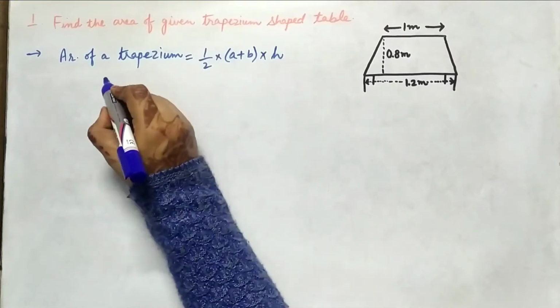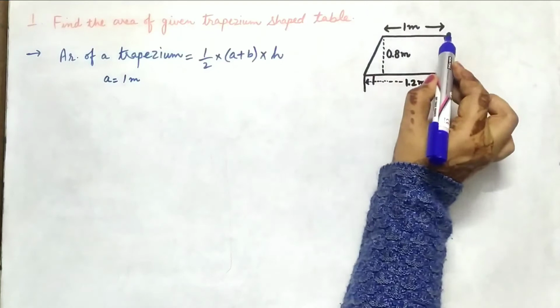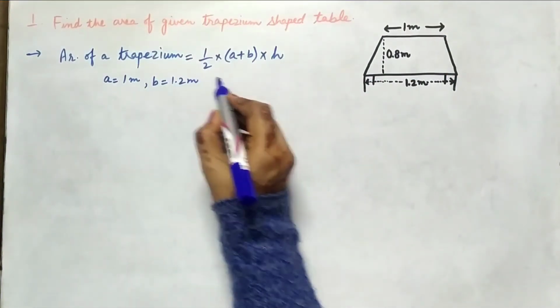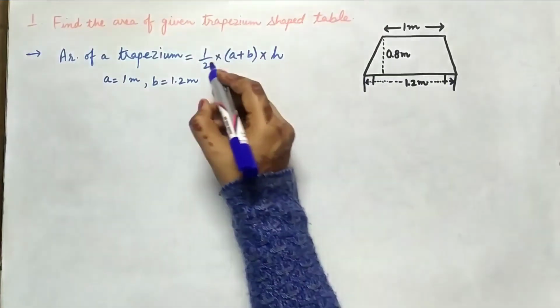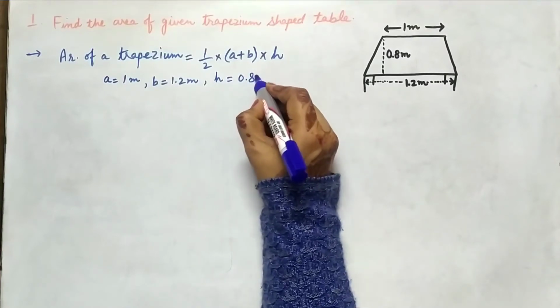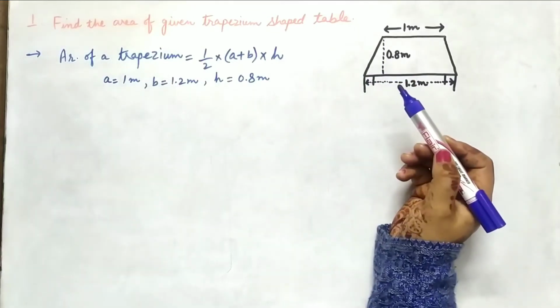Here A is 1 meter. This side B is 1.2 meters. It is the other parallel side, and H will be 0.8 meters. It is the distance between the parallel sides.